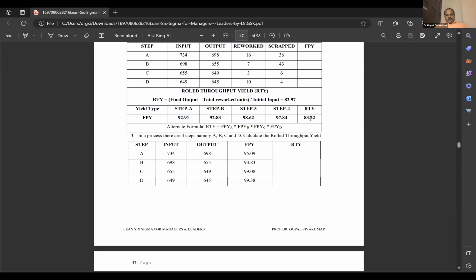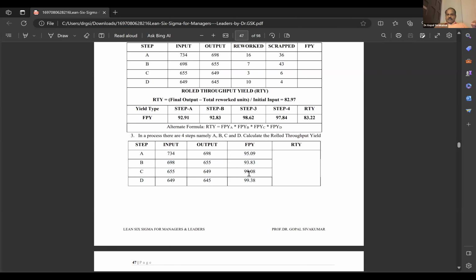Similarly, there is one more which you can do. For A, B, C, and D, the first pass yield is available. You just have to find out the rolled throughput yield. Tell me, how will you calculate the rolled throughput yield here? Multiplying all the first pass yields. Very good. So 0.95 multiplied by 0.93, multiplied by 0.99, multiplied by 0.99.